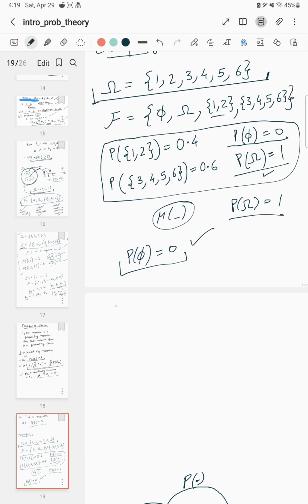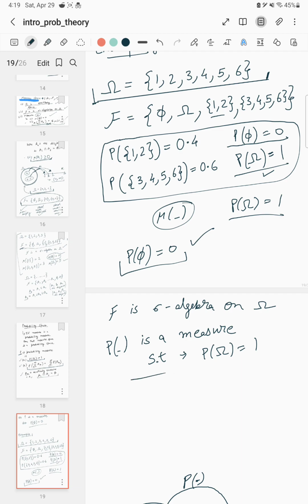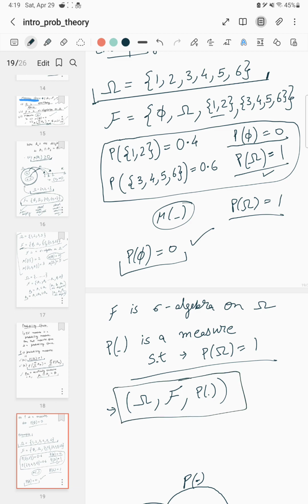Hence, since F is a valid sigma algebra on omega, and P is a valid measure such that P of omega is 1, this omega, F and P is a probability space. So this hence forms a probability space.